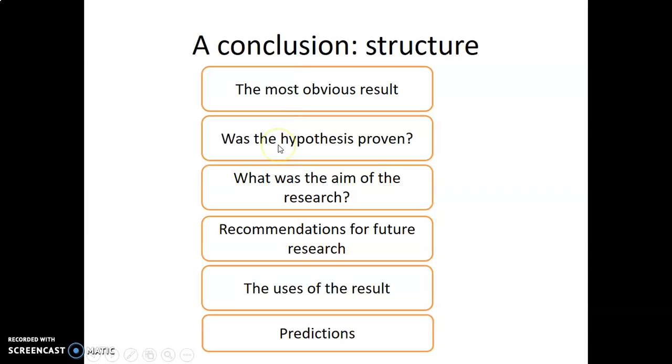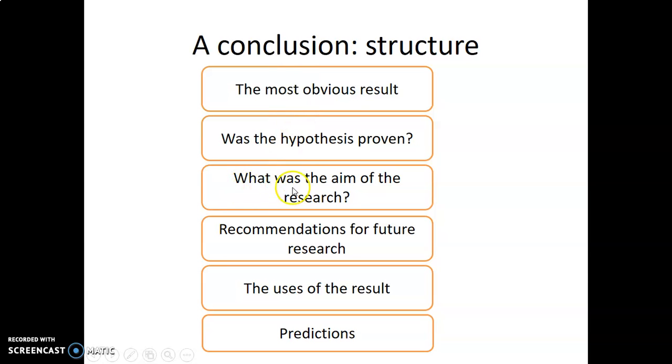Then, in general, there can be many results, but most likely it's something related to the hypothesis, right? The result related to the hypothesis, and then you answer the question. You can answer the question: was the hypothesis proven, in one sentence with the most obvious result? Yeah.